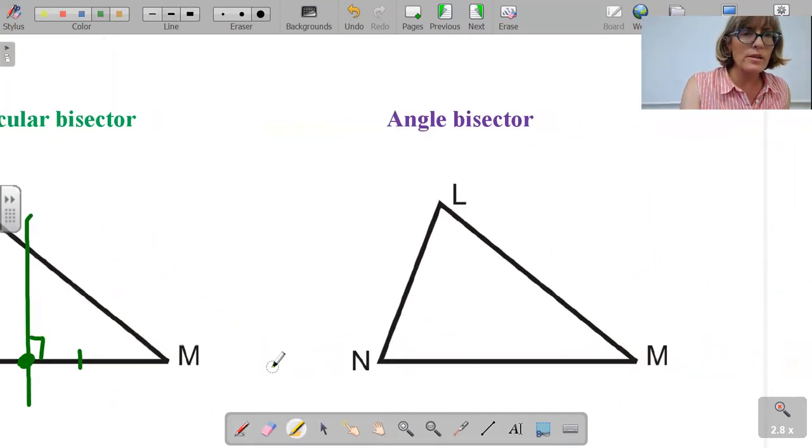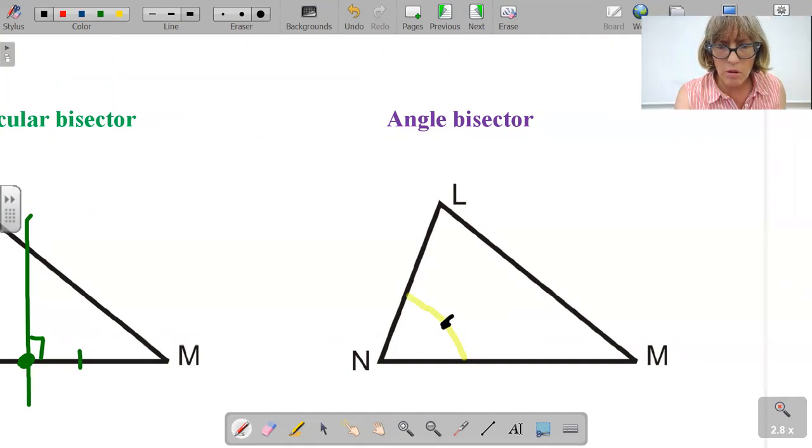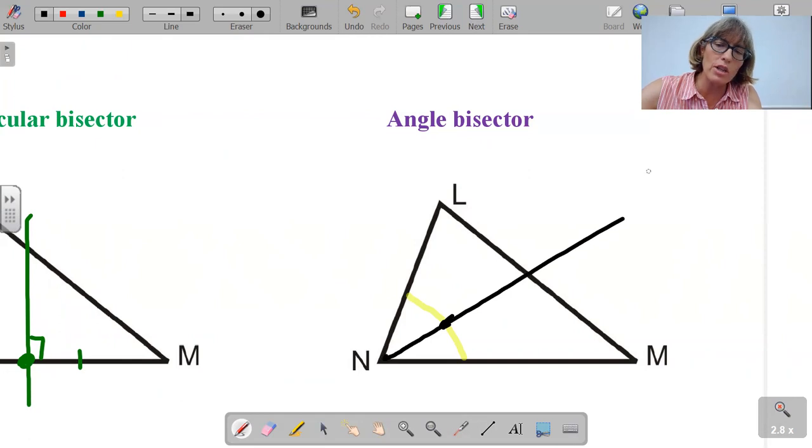An angle bisector. If you sweep this angle here and imagine the middle of that angle. Now, an angle bisector is all about the angle, not the side. So when I draw an angle bisector, I always take it through the opposite side to de-emphasize it.